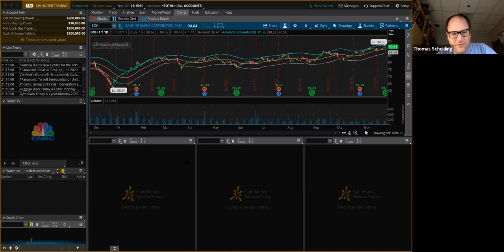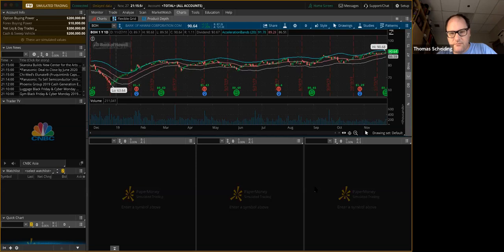I'm just going to add this one as well, just to give you another idea. And again, what you're getting here is acceleration bands. You're getting the third Friday techniques. And again, all these techniques are going to help you understand better from a technical standpoint what might be going on for the company over time.